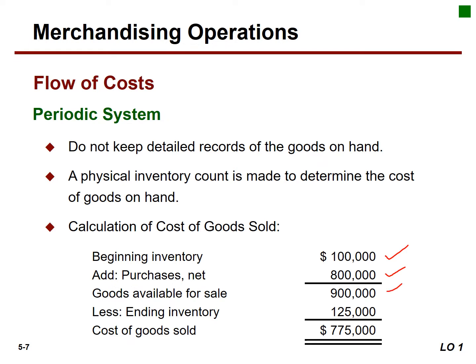That gives us the inventory we have available to sell. We count our inventory at the end of the year. We subtract that ending inventory amount, and that calculates then our cost of goods sold. So a perpetual system records entries to the cost of goods sold every time it makes a sale. The periodic system calculates cost of goods sold.